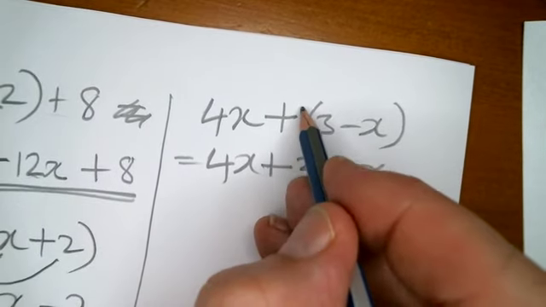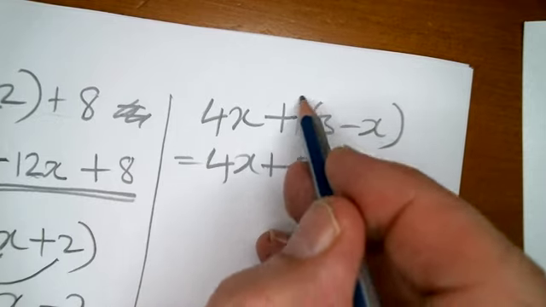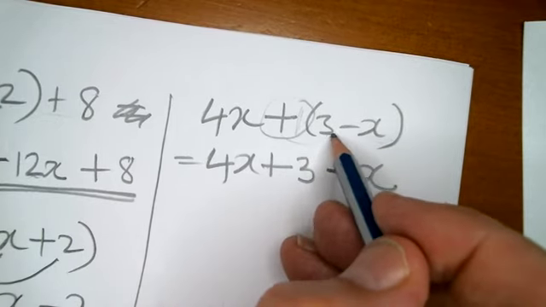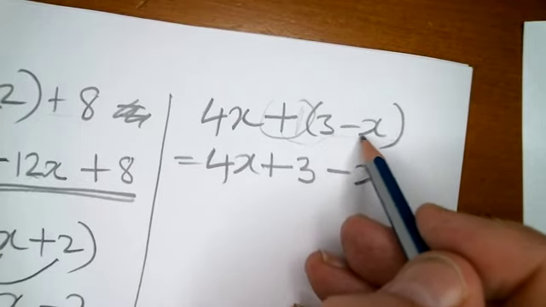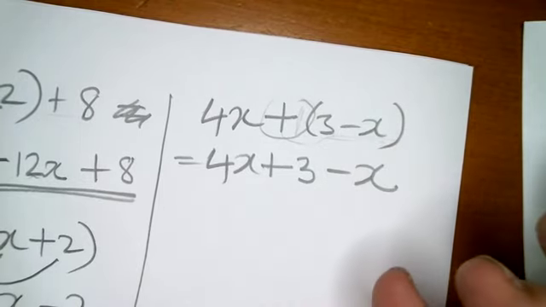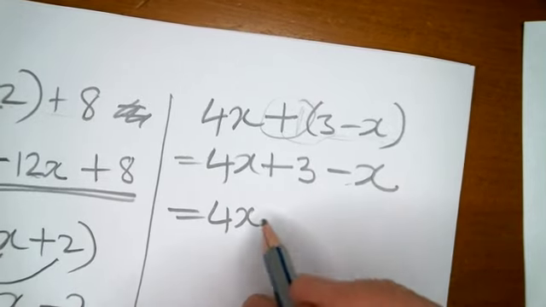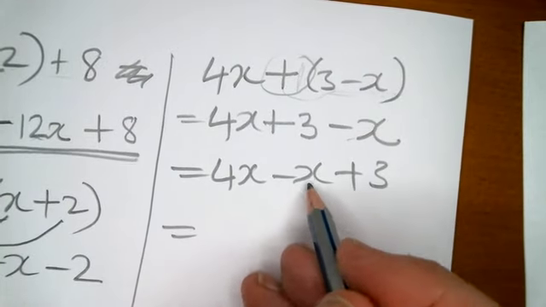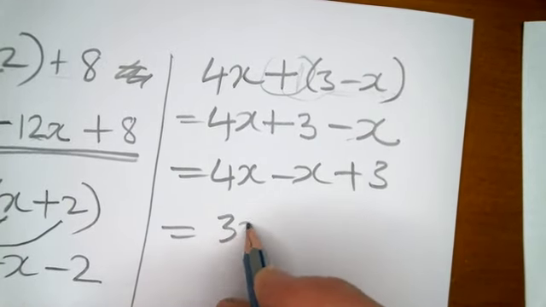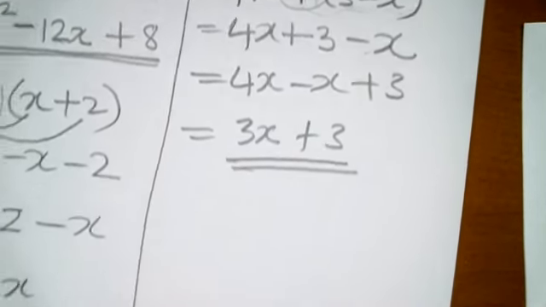It's like there's a 1 outside. If you've just got brackets there, it means the thing on the outside is really multiplied by the thing on the inside. But in this case, we may as well just treat it as 3 minus x, because 1 times that is just itself. So I've got a 4x here, and I've got a minus x. I'll put those together. I'll add the 3 on the end. 4x minus x is going to be 3x plus 3. And there's my solution.